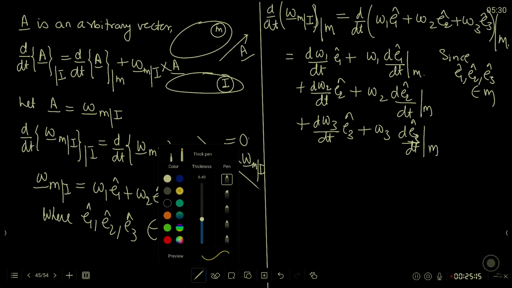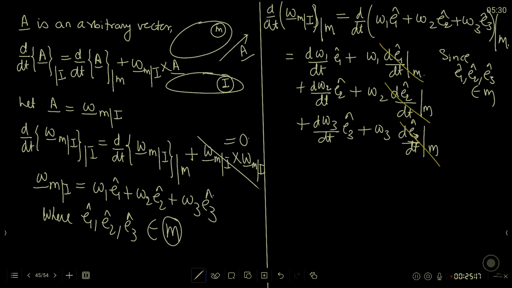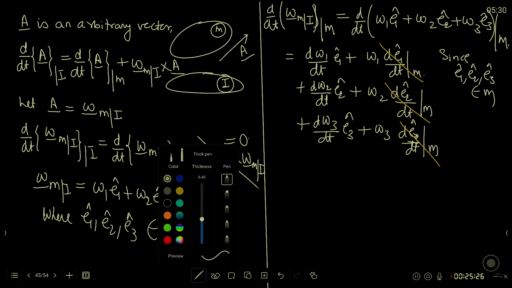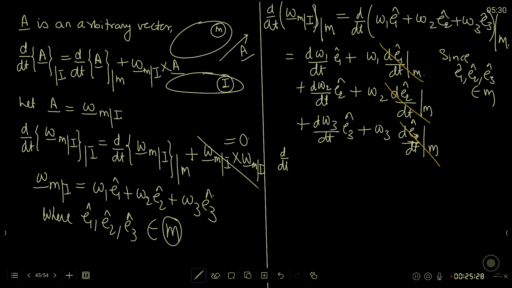Okay, so it means d dt of omega mi with respect to m is this, right. But then I also have this relationship here.